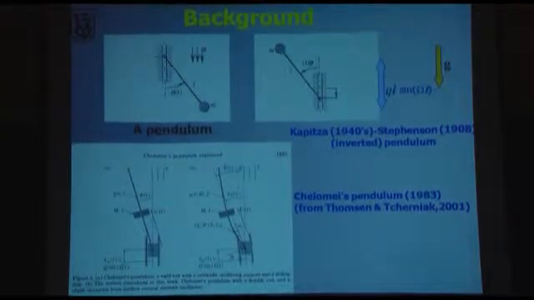So what's the system? The system is the following. Imagine you have a Kapitsa pendulum, an inverted pendulum, and then you put a slider on the stick of this pendulum. Now the slider has some friction between itself and the stick of this pendulum.